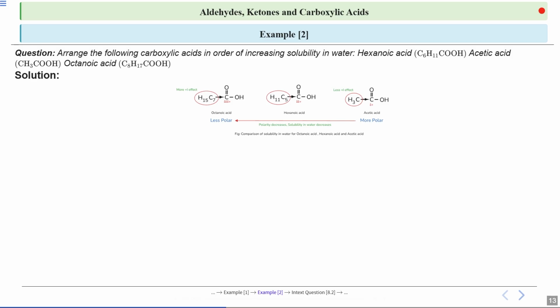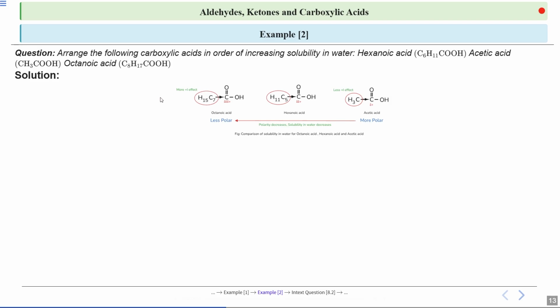As we move towards a larger carbon chain, the polarity decreases, thus the solubility in water also decreases. Octanoic acid has a larger carbon chain, so it shows more plus I effect, and that is why its polarity will decrease.